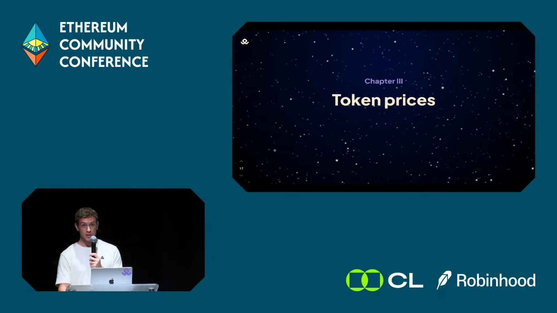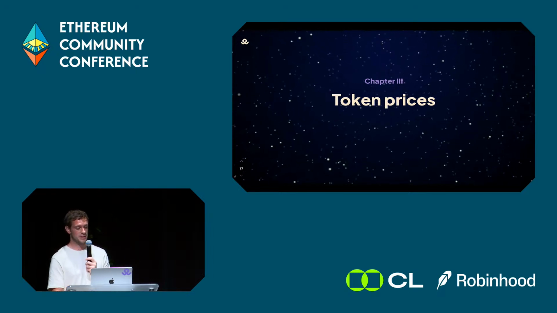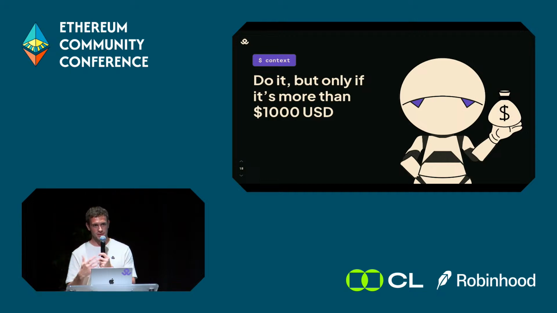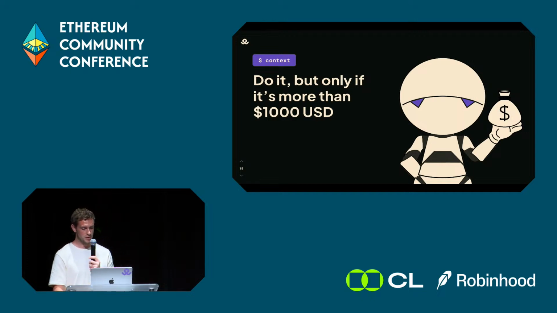Chapter number 3, token prices. Usually users don't refer to thresholds in tokens because this is not scalable. They probably want to refer to thresholds in another type of currency like dollars. So they will say, okay, do it, but if it's under or above X amount of USD.